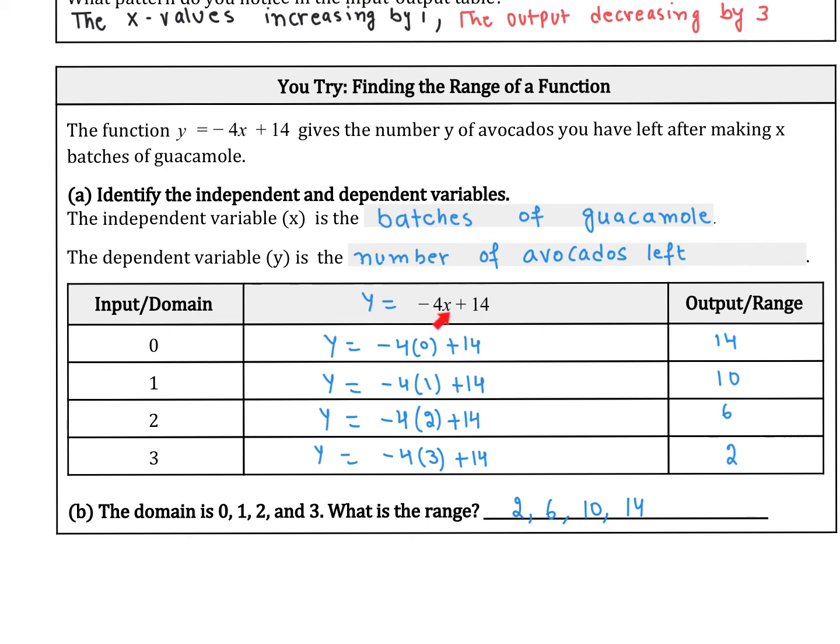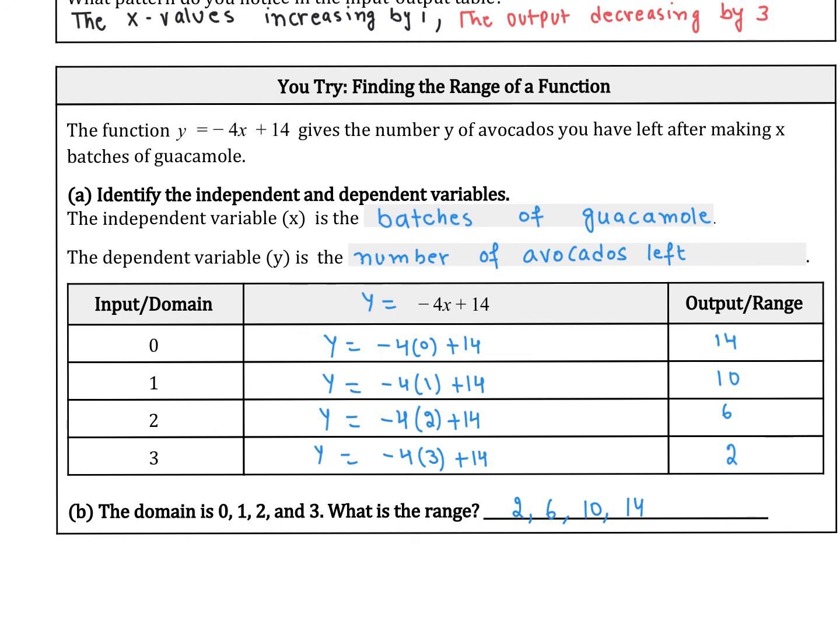When you plug in 1, you get negative 4 times 1 plus 14, that is 10. Plugging in 2 for x, you get negative 4 times 2 plus 14, and that's negative 8 plus 14, which is 6. And when you put 3 for x, you get the output, or range, as 2.